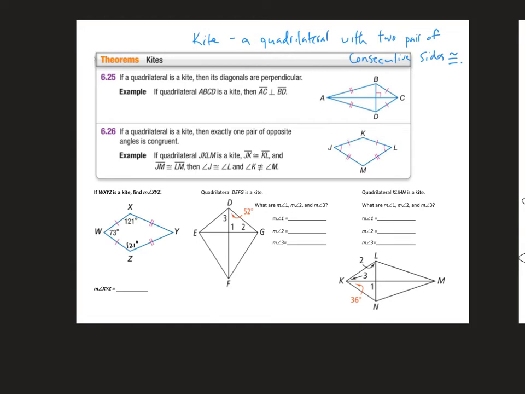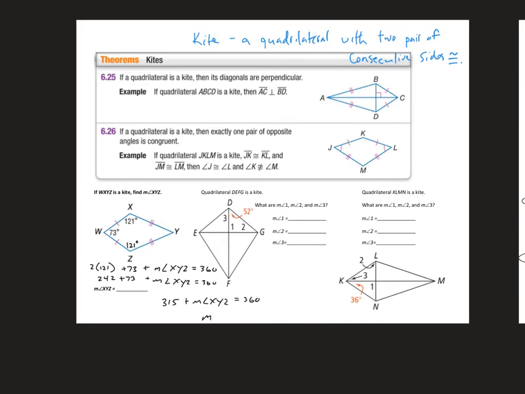So we're going to do 2 times 121 plus 73 plus the measure of angle XYZ equals 360. 242 plus 73, that's 315, plus the measure of angle XYZ is 360.